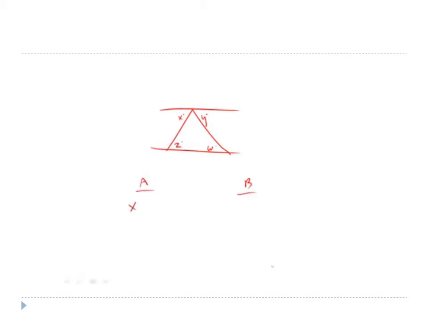Column A, column B, X plus Y, and W plus Z. So one thing to notice here is if we call this angle A degrees, X plus A plus Y is equal to 180. Z plus W plus A is also equal to 180. So whatever A is, just subtract it out.